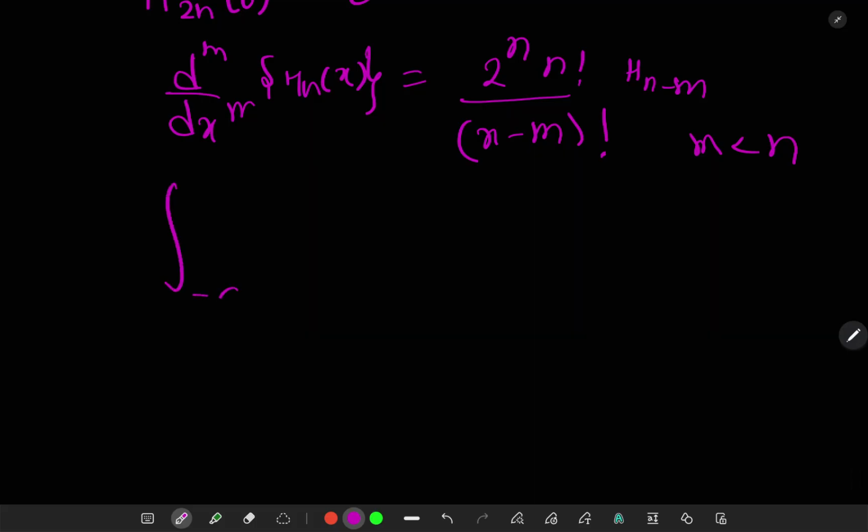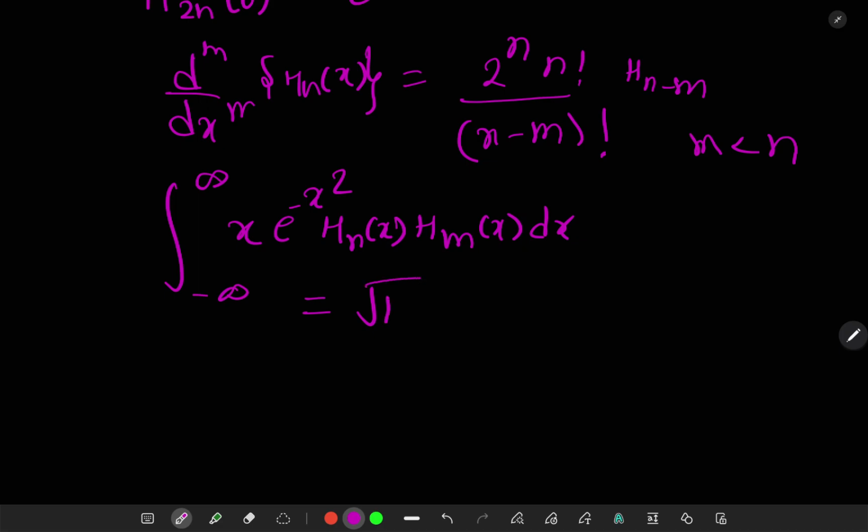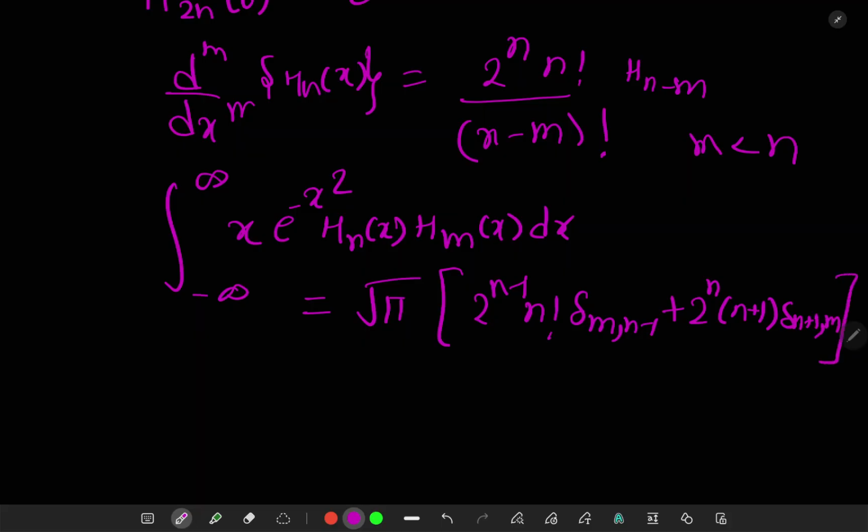Now another important relation. This is equal to root pi into 2 raised to power n minus 1 factorial n Kronecker delta m comma n minus 1, plus 2 raised to power n into n plus 1 delta n plus 1 comma m.